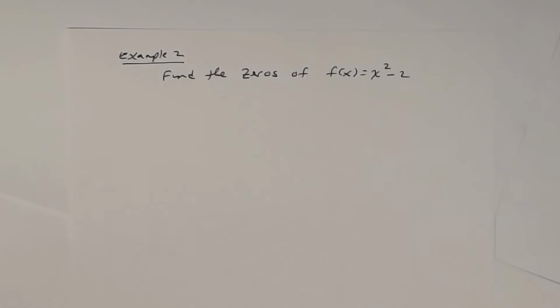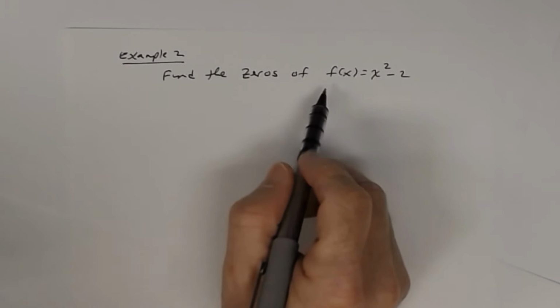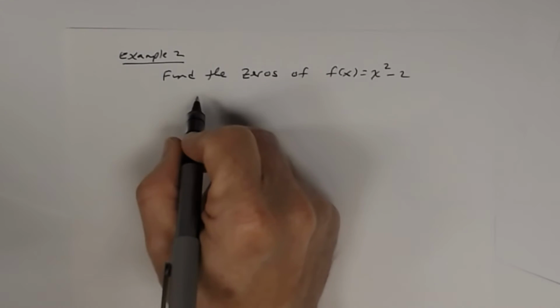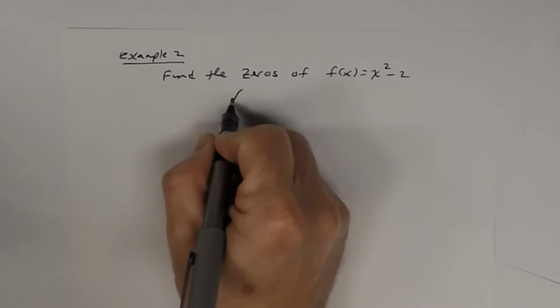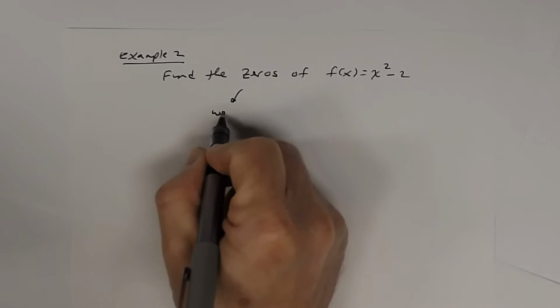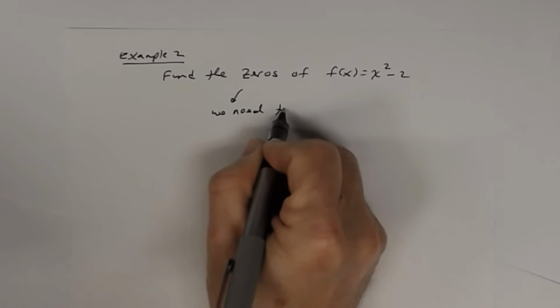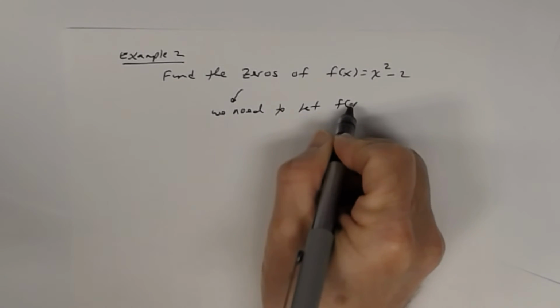Example 2 says this: find the zeros of the function x squared minus 2. Again, we're dealing with a quadratic function. I'm using quadratic functions here because for this particular lesson, those are easier to deal with. Remember, to find the zeros, we need to let f of x equal 0.